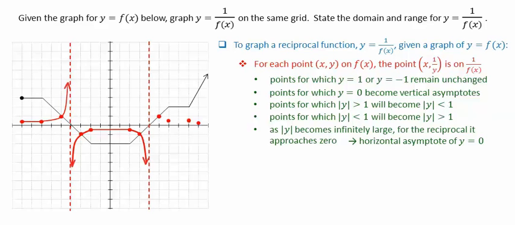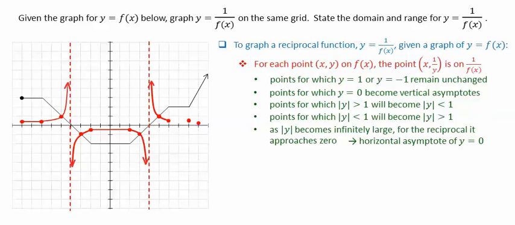The rest of the graph, the original function is above the x-axis, so the reciprocal will also be above the x-axis. Again, we have a curved section approaching the vertical asymptote of x equals 4 and going through the invariant point of 5, 1.